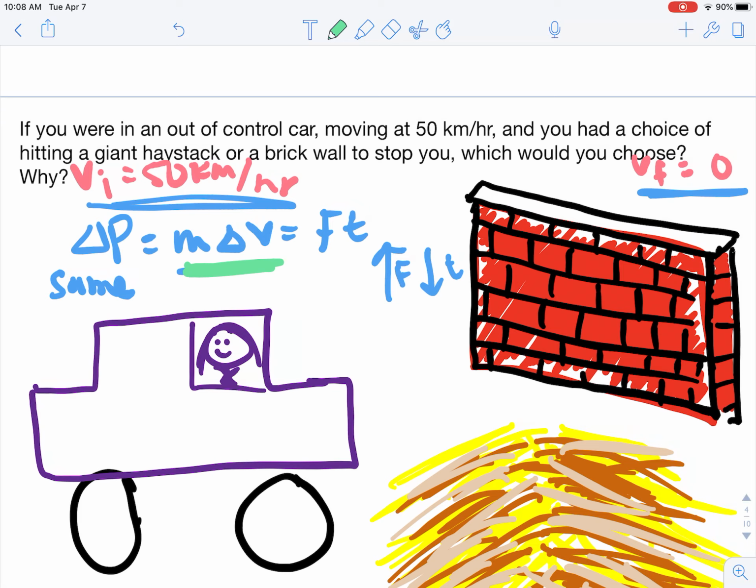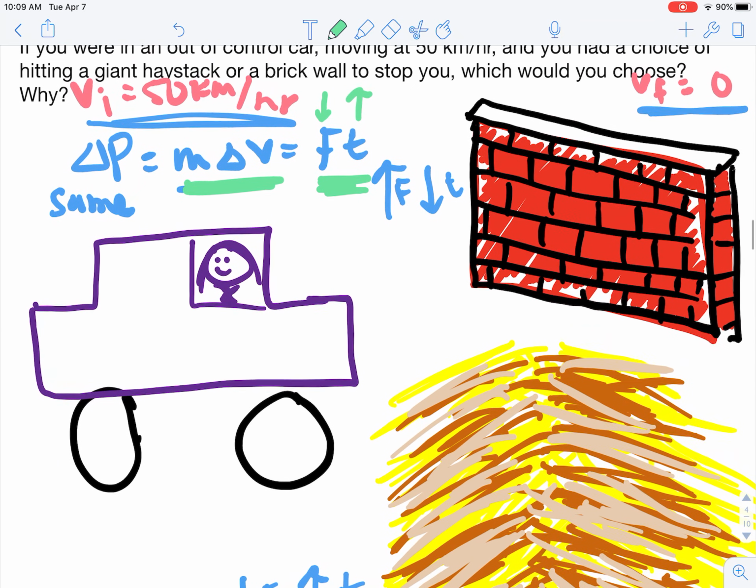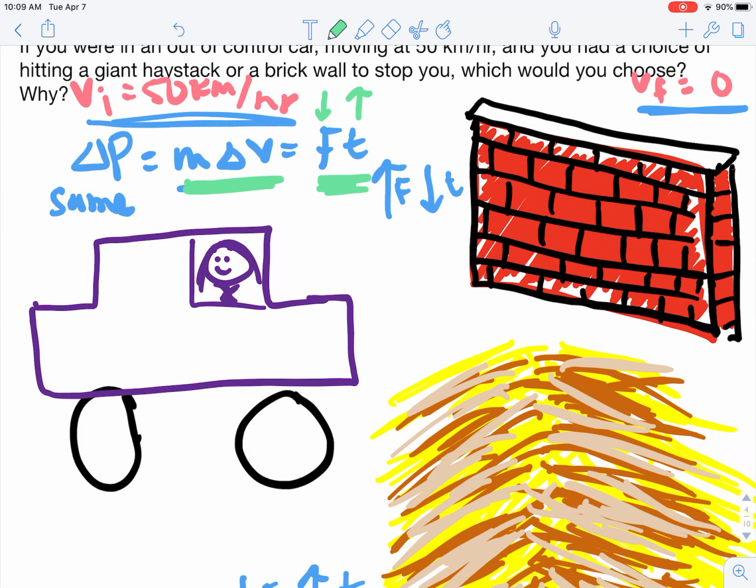So if change in momentum is the same for both, impulse is the same for both. But if I increase time of impact, I can actually decrease that force because this whole number ends up staying the same.